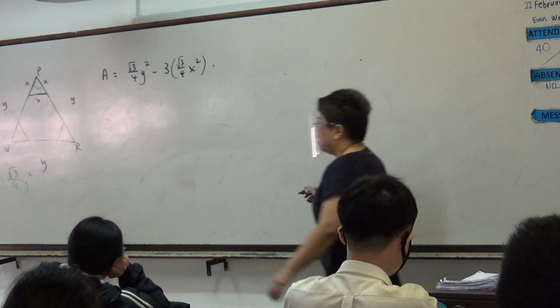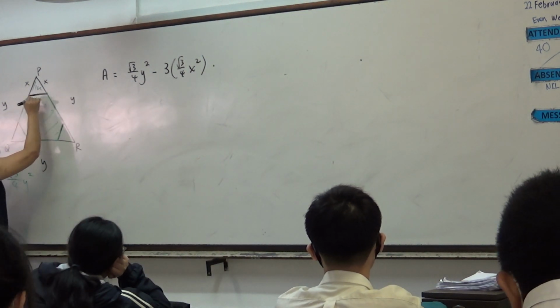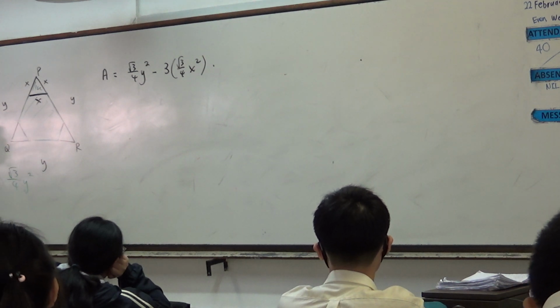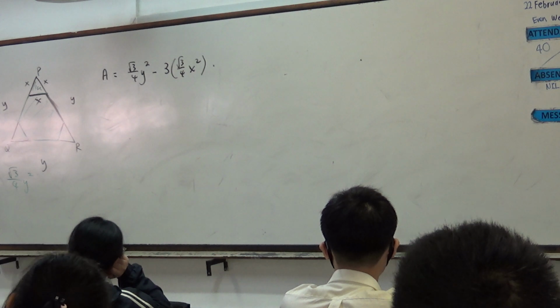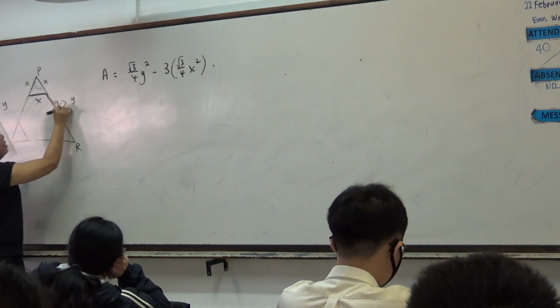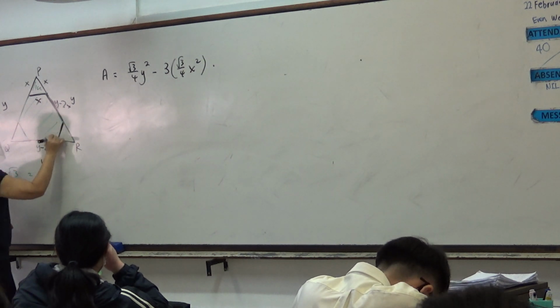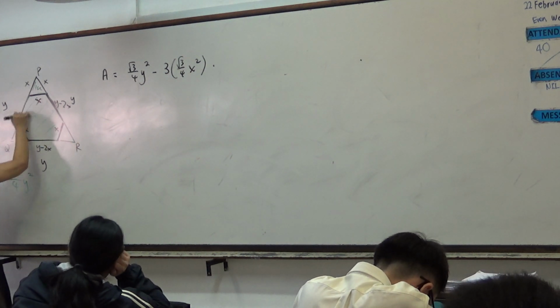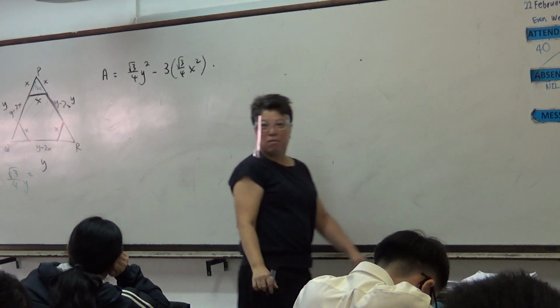Now, what is the perimeter here? This one is what? X. How long is this side? Y minus 2x. How much is here? X. This one is what? Y minus 2x, right? Agree or not?